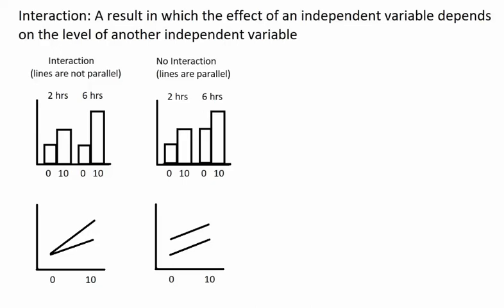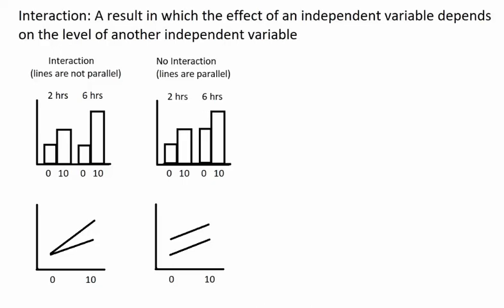So like I said, 0 and 10 hours of studying and 2 and 6 hours of sleep. So the researcher has 2 levels of studying and 2 levels of sleep. This researcher would run all 4 combinations of those levels, because 2 times 2 equals 4.